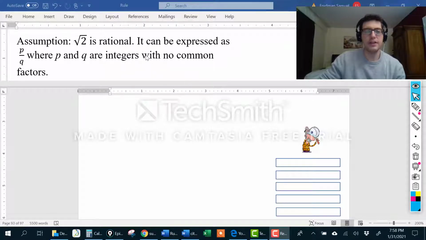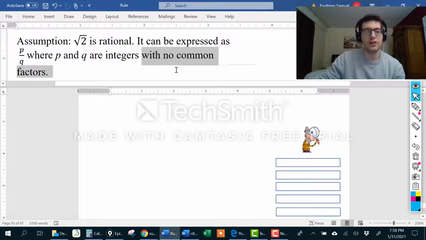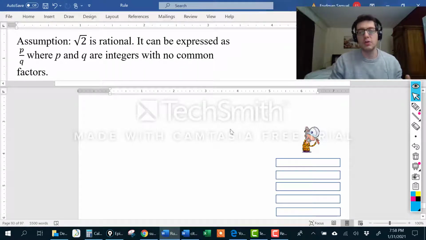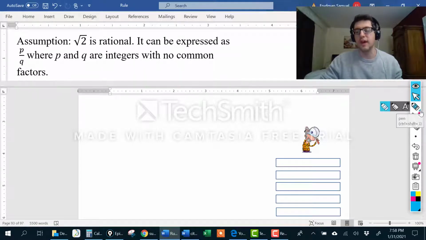Now, I can add this phrase, with no common factors, without any loss of generality, because all rational numbers can be written with no common factors.